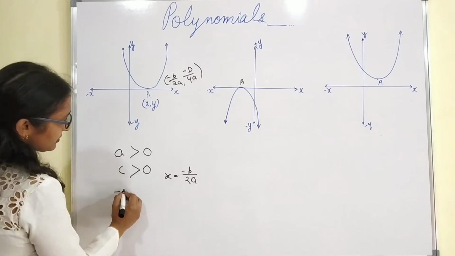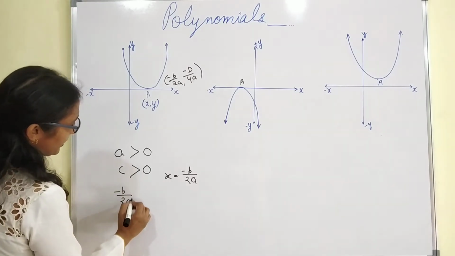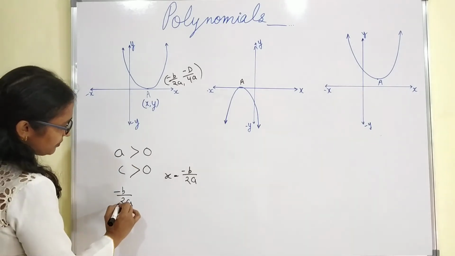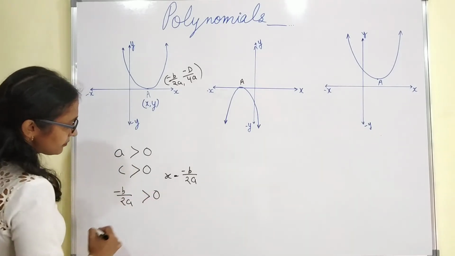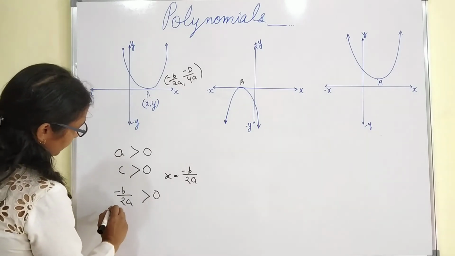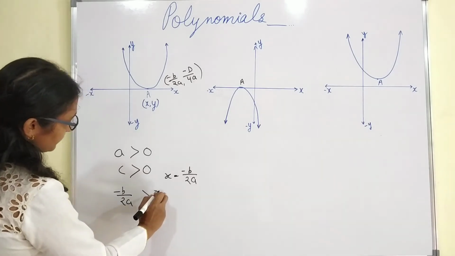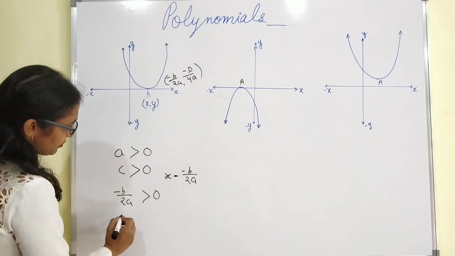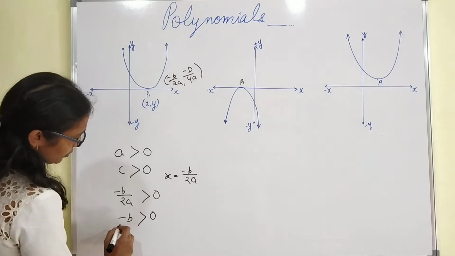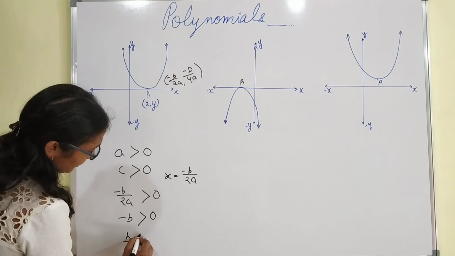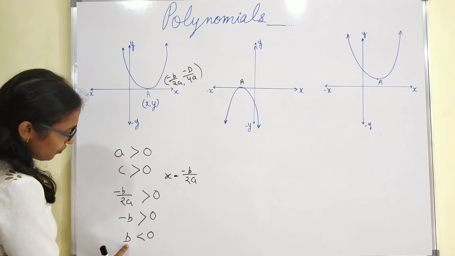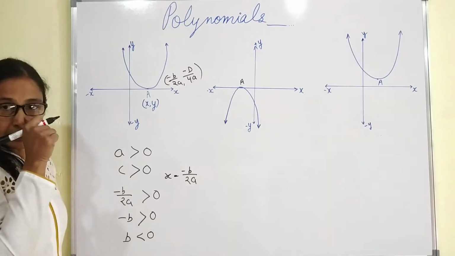Value of x is positive, so minus b upon 2a is greater than 0. Value of a is positive, so a will become 0 when it is transposed. So minus b is greater than 0. To find the value of b, we will change its sign. So value of b is smaller than 0.